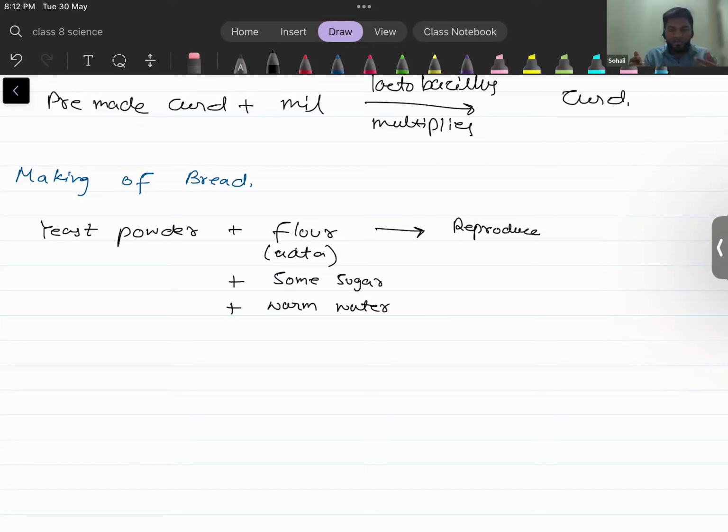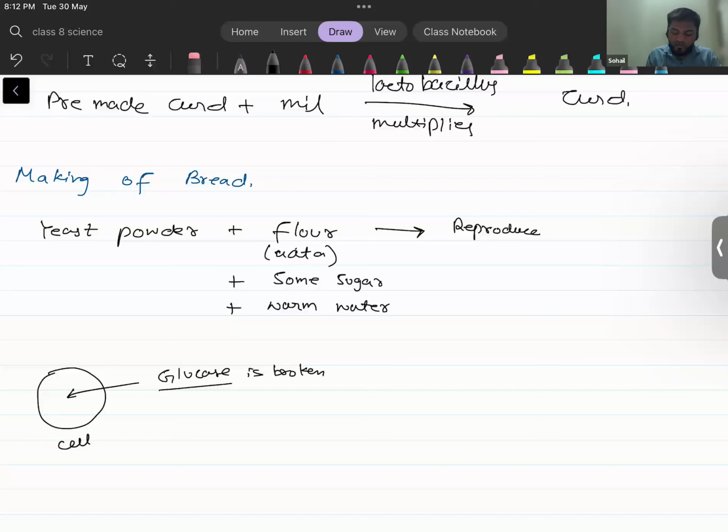I'm just giving a brief of respiration. In the cells of the human body, glucose is broken down. This is a cell, this is glucose. This glucose is broken down and carbon dioxide is released.